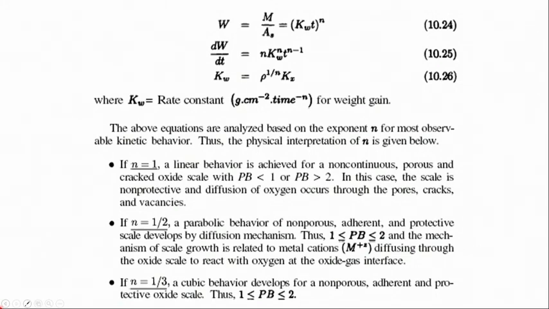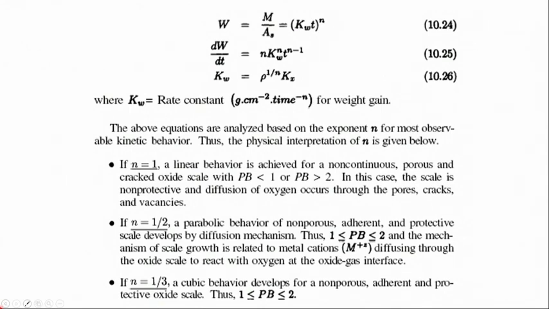At the initial stage of oxidation, when the component starts oxidizing, a very thin layer of oxide forms, and at that particular stage the oxide scale is basically non-continuous, porous and cracked in nature. So, you will find that the rate of oxidation is very fast. So, you will get typical linear behavior.